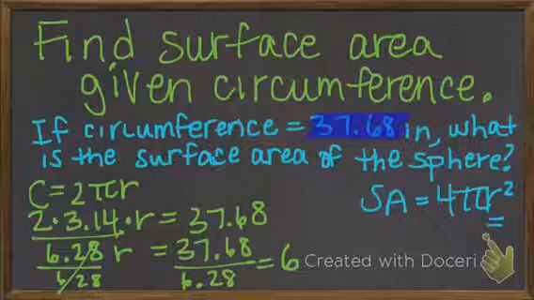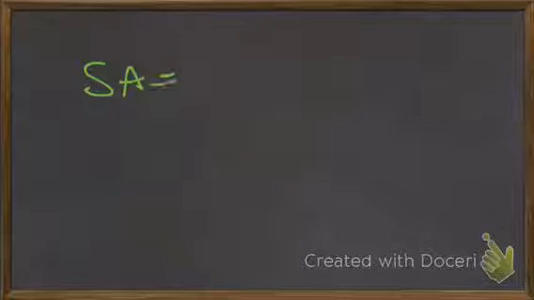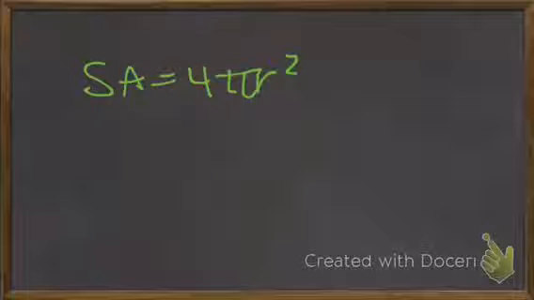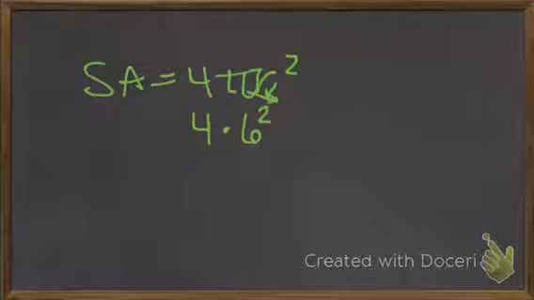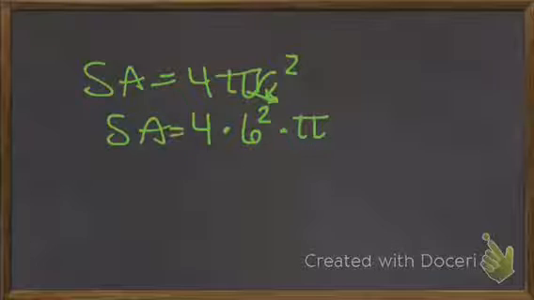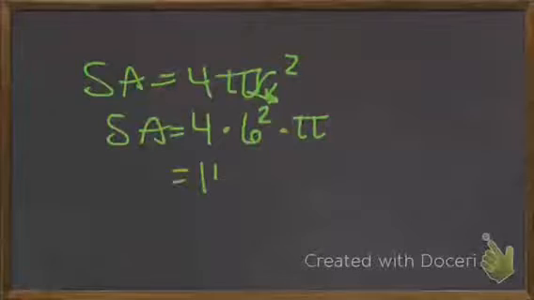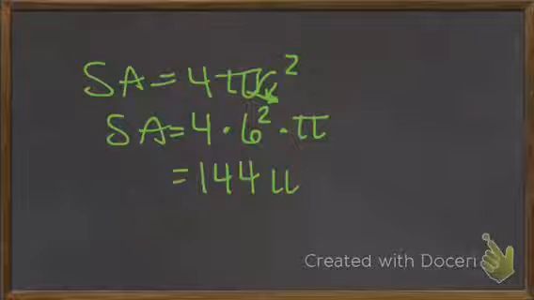Now that I have my radius of 6, I can plug it in to 4 pi r squared, and I'm going to leave this in terms of pi. So I'm going to do 4 times 6 squared times pi, switching my order a little bit, and 4 times 36 gives me 144 pi.